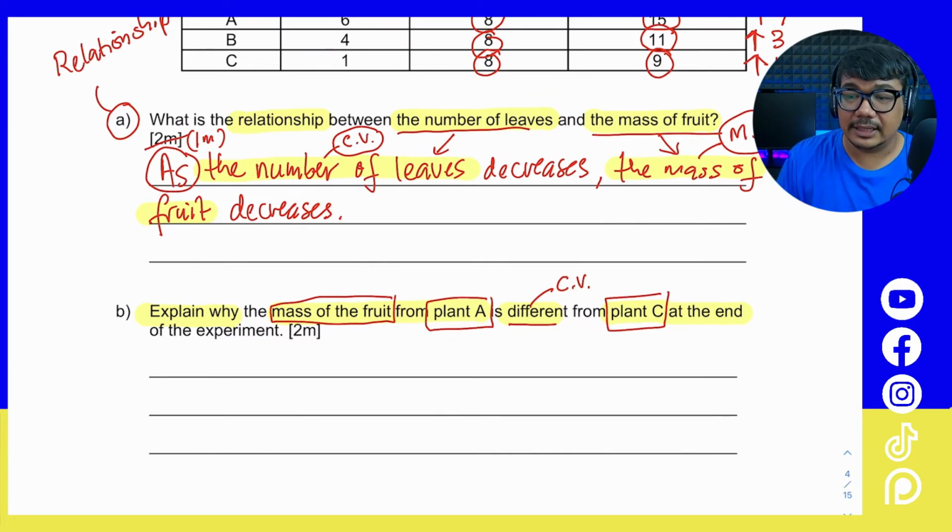So how am I going to answer this? Firstly, I am going to write in what is very obvious, which is the change variable. So in this case, I'm going to write about the number of leaves.